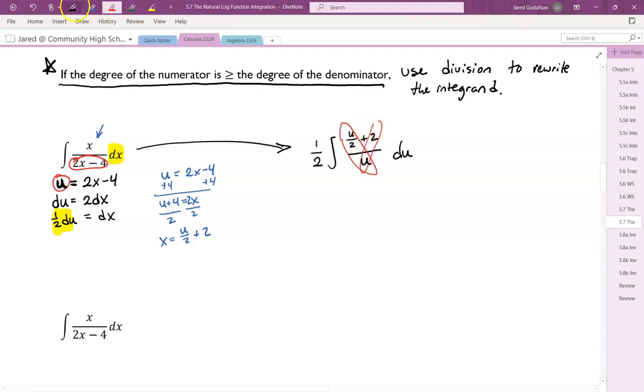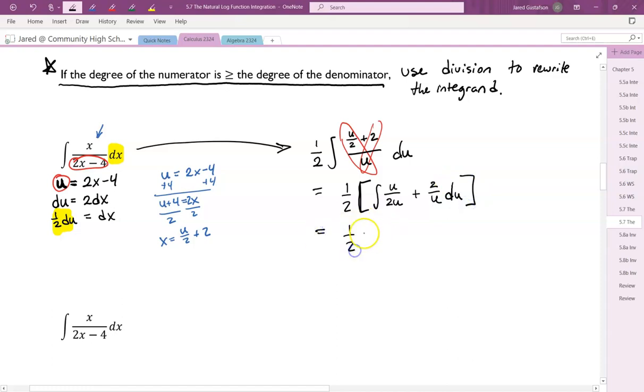Because we can break this up into two different fractions. So we get 1/2 integral u over 2 divided by u is the same thing as u over 2u, plus, and then we have 2 over u, which actually, when we're done simplifying, doesn't look all that bad.